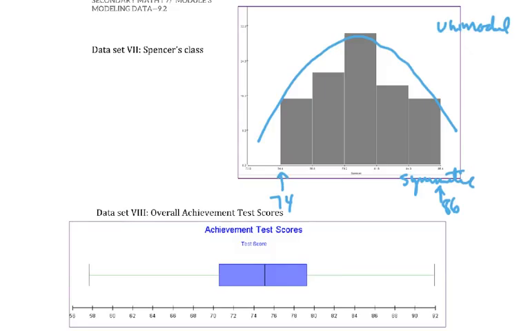So it would have a low variability. No outliers. Symmetric. So your mean and your median are going to be here in the center.